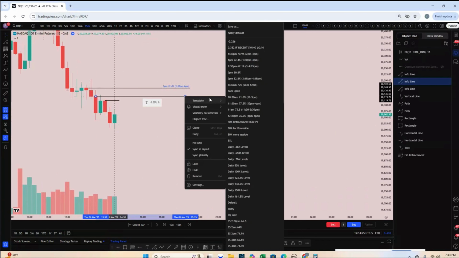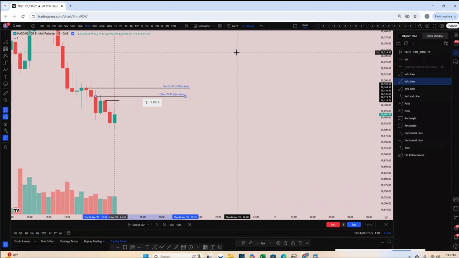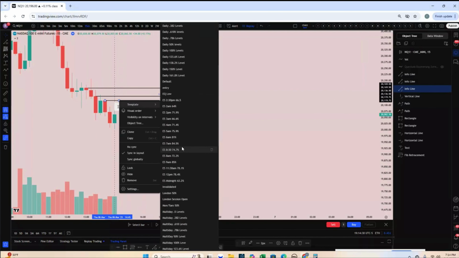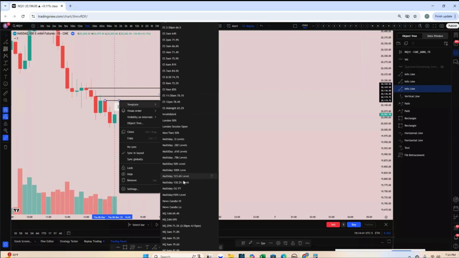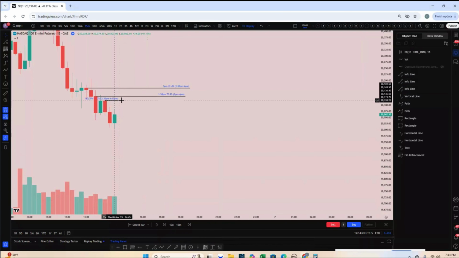There is a 72% chance. It says 70, but I haven't updated that. And then you have your 2 p.m. All 70% chance of going to touch those within these time frames.